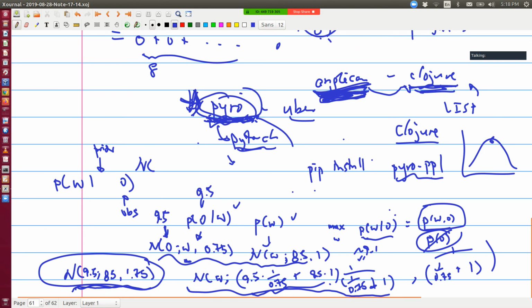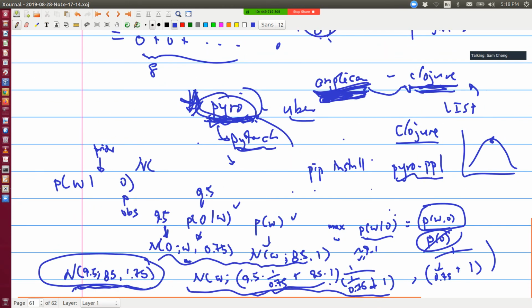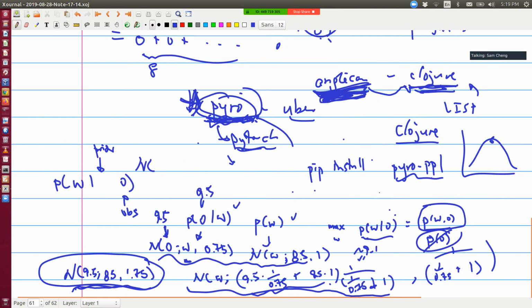Sometimes you may not even be able to write this down exactly. So what they do instead is they try to have a so-called guide function. In Pyro they call it a guide function. They have an estimate of this guy, just estimate it with something else, a Q(W), or with some parameters here. I don't know what kind of parameter to use. Maybe I call it A something. And what I'm going to do is fit this with this guy here.